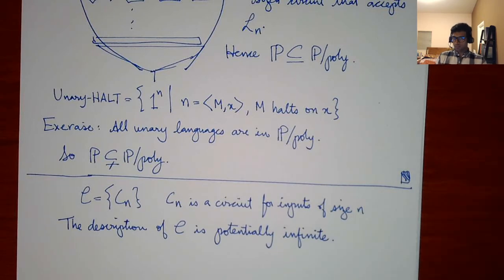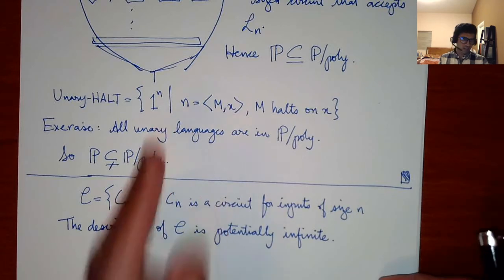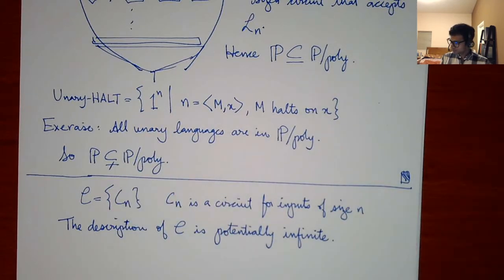For every n, 1 to the n is either in unary halt or not. Let's say it is. For that n, create the following circuit: it simply checks whether all the bits are 1 and then accepts.